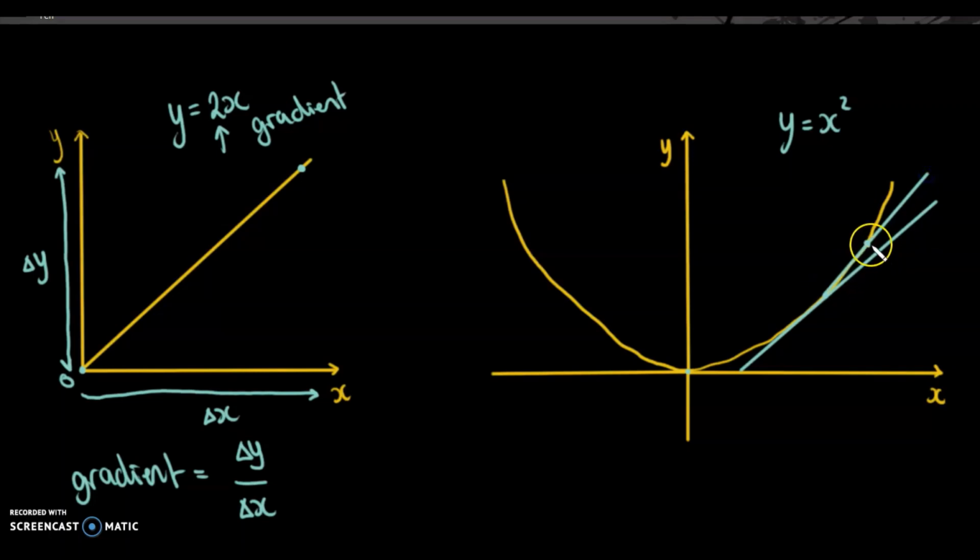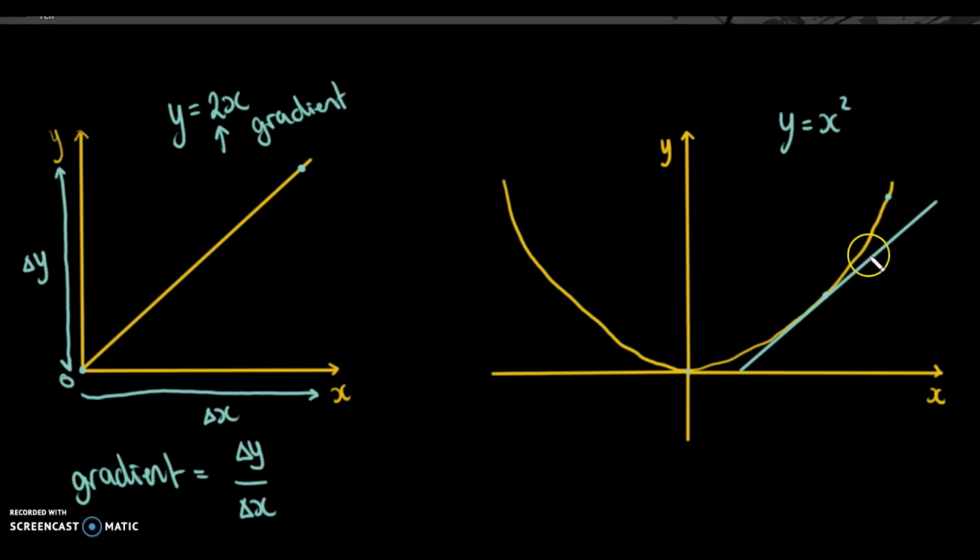We can see that it's getting closer and closer to our original gradient that we wanted to work out. And we could even get it closer, somewhere like that. If I connected those 2 points, you can see as that second point gets closer and closer to our first, its gradient is going to get closer and closer to the gradient of that singular point. So how can we think about this mathematically?